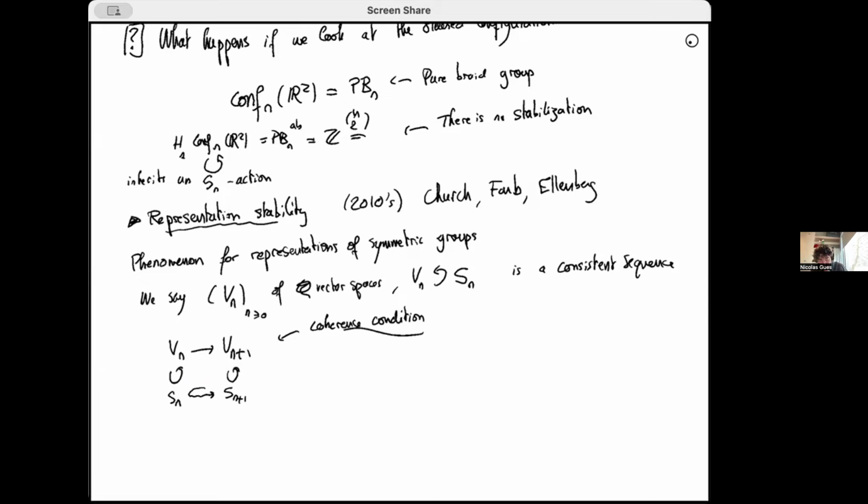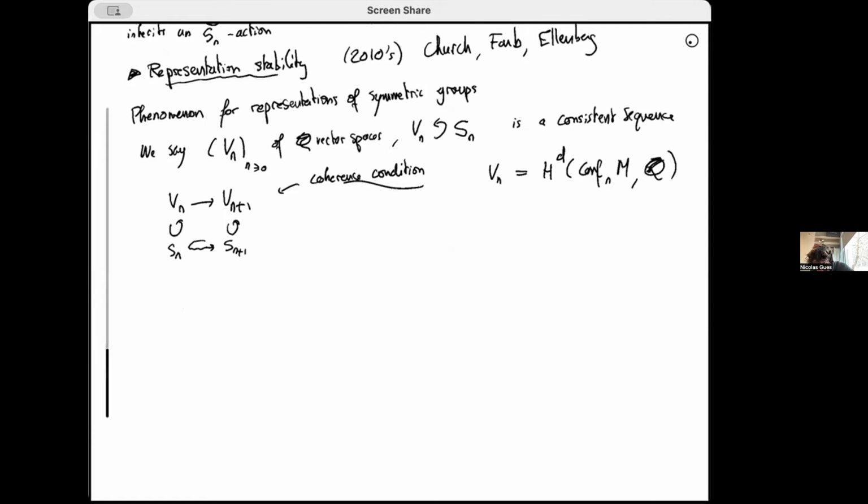And a typical example that we will be following through all this talk is typically the configuration spaces. So if I take Vn to be the dth homology of configuration spaces of n, but we'll come back to this later, and I can look at homology with rational coefficients.